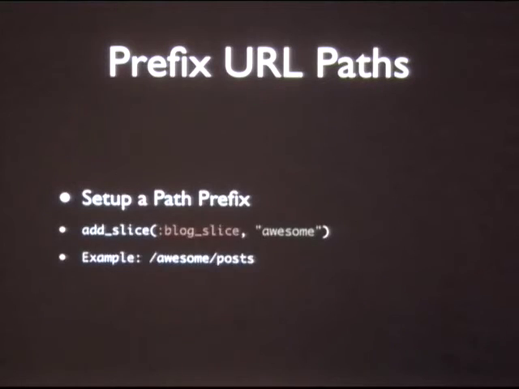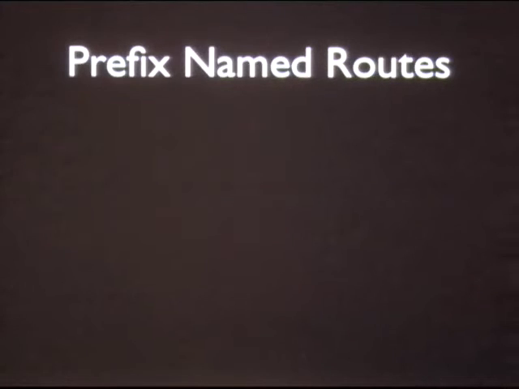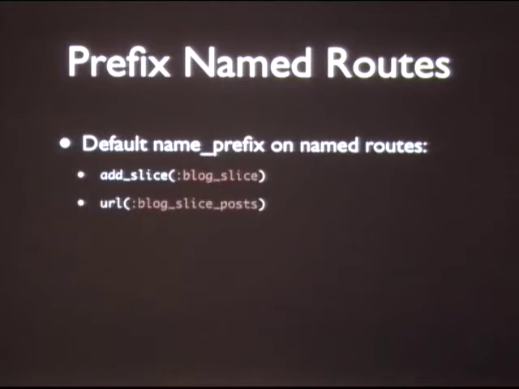Sometimes, by default, as I was saying, the path prefix on the URL would be blog_slice, which you may not like. So instead, we'll put it at awesome, and you'll be able to access that at awesome posts instead of blog slice posts, which is kind of handy. The URL also namespaces, so there's this whole theme in the slice of protecting your host application from the slice, so that the slice doesn't come into your app and clobber your own application.